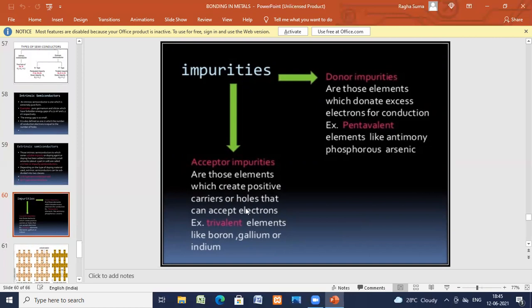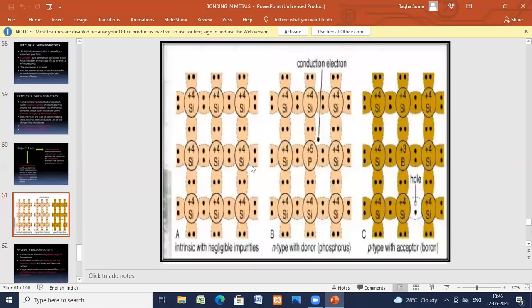Now we'll see, depending on the impurities, what the types of semiconductors are. Intrinsic means negligible impurity. This is silicon, a fourth group element. In this crystal structure, atomic number 14, 4 is the valence electron. In this crystal, there is no extra element.